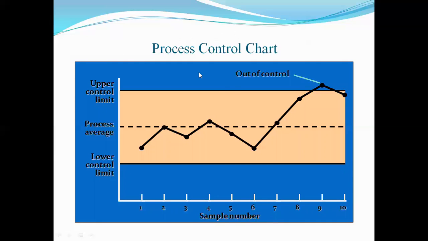The first point says no point will lie above or below the control limits. Here this point lies above the upper control limit, so this sample number is out of control. So what does the quality manager do? The quality manager will send this back to the supplier and give the remark that this sample is below the quality.